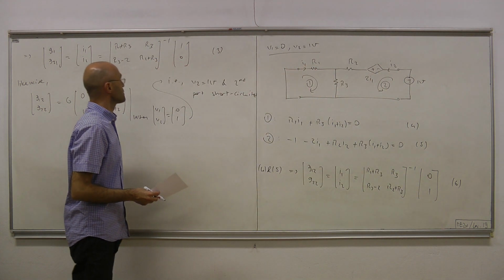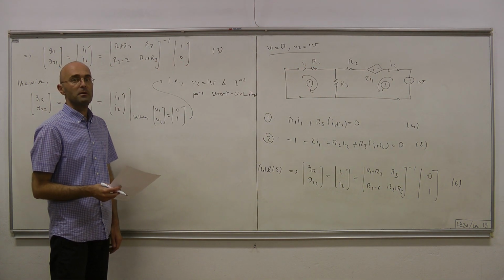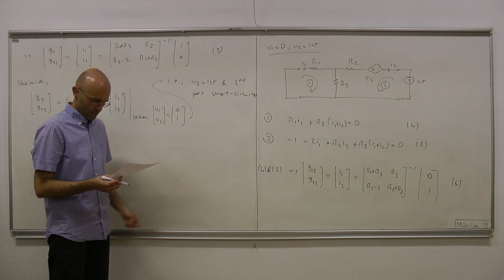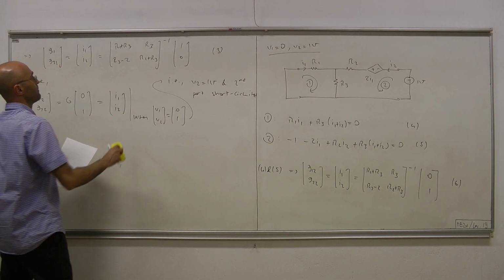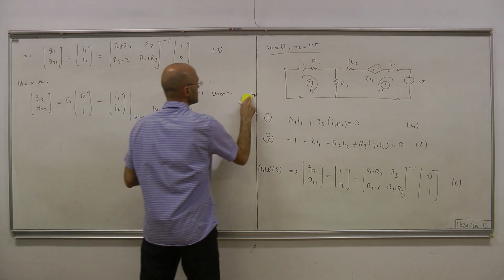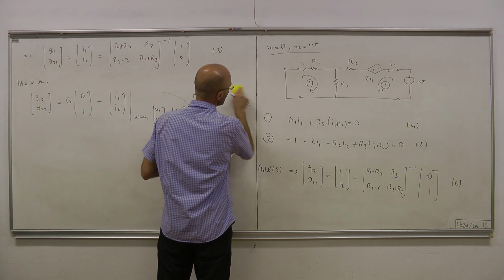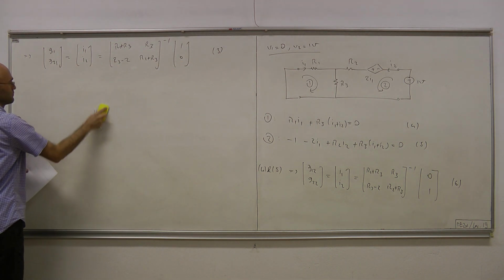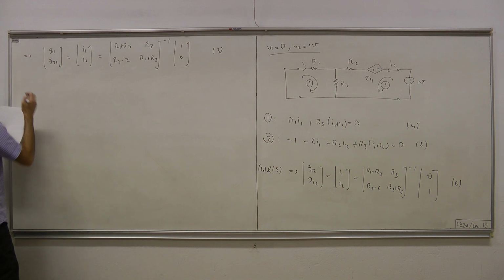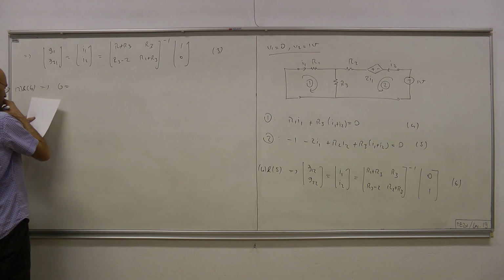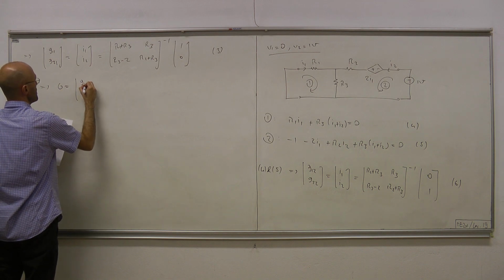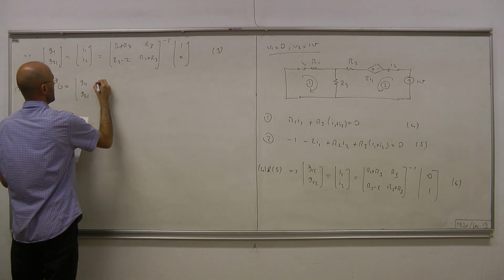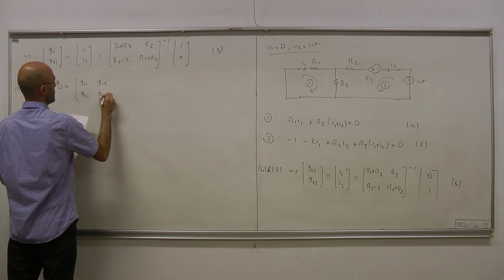Now, by combining equation 3 and 6, we will obtain the result. Let's do that. Finally, combining 3 and 6, we can write G equals G11, G21, G12, G22.